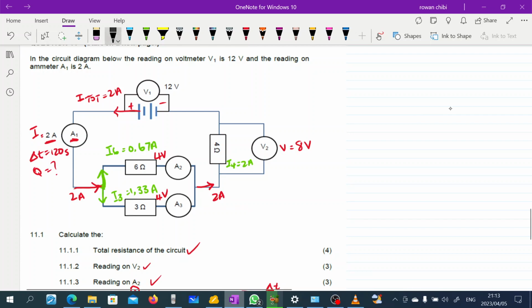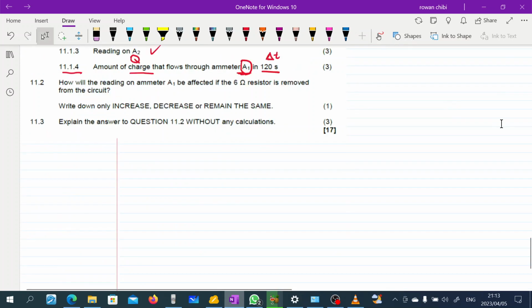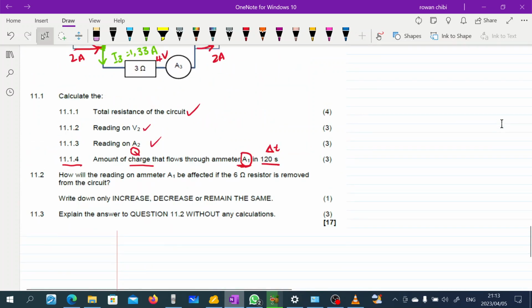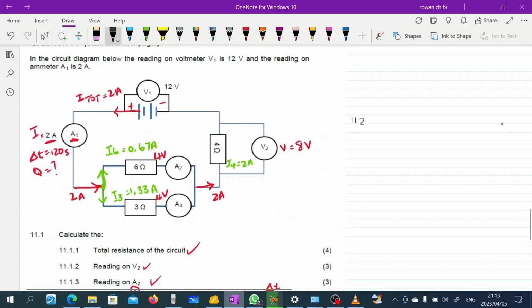From the previous videos, the formula for the charge, 11.1.4. So the formula says I is equal to Q over delta T.